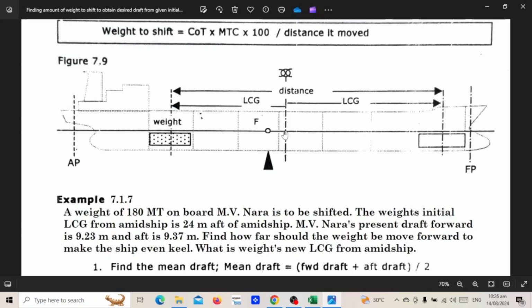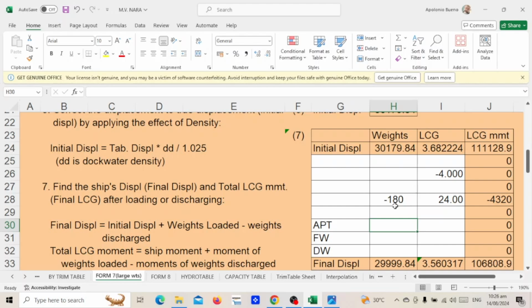When you take out the weight, that is where you put the negative sign, because according to the program, weights discharged should be negative. So you put a negative sign here, which is the LCG of 24.